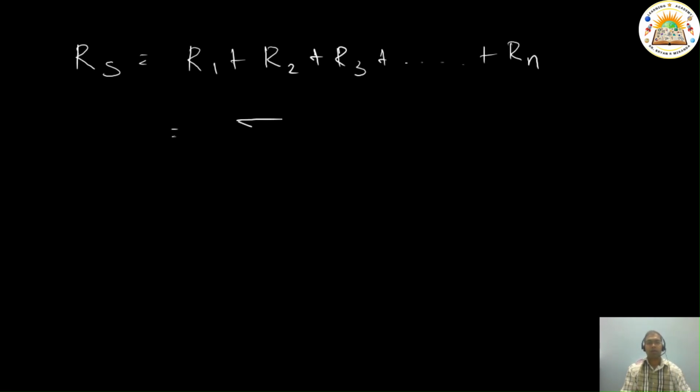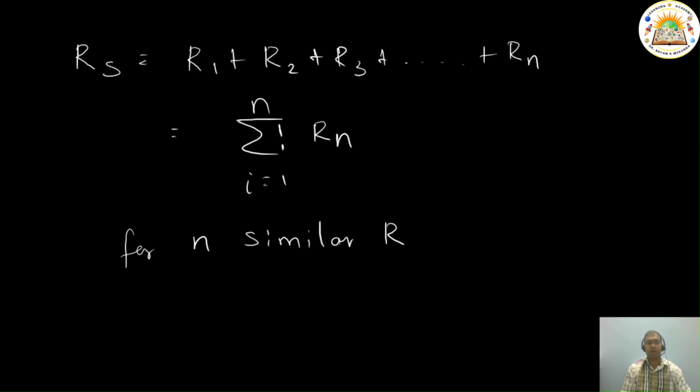Next, we went ahead and calculated resistance in series to be nothing but R1 plus R2 plus R3 plus etc. plus Rn, which we can now write as Rs equals sigma Rn, i equals 1 to N, for N similar resistances.